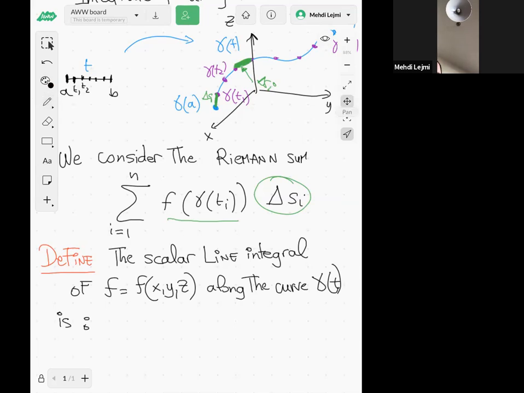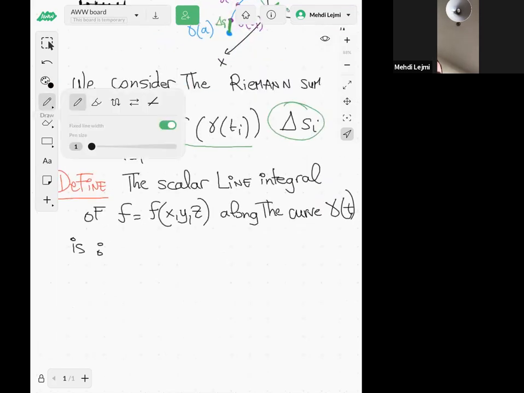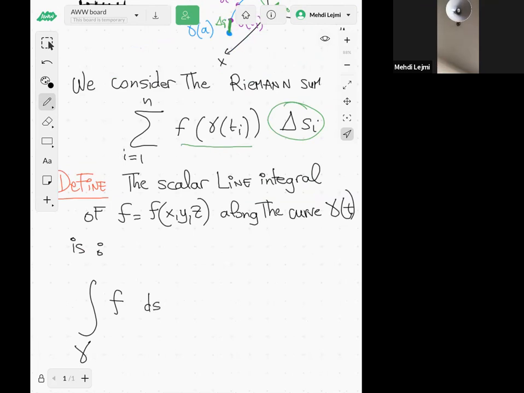First, the notation is the following: it's the integral of f over gamma, and here you have ds. The ds, guys, is the length element of gamma, your curve. You're integrating along gamma.